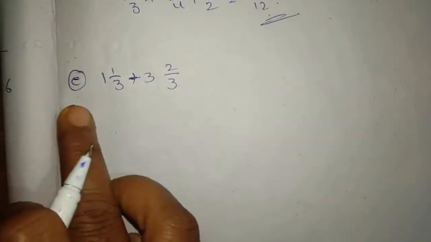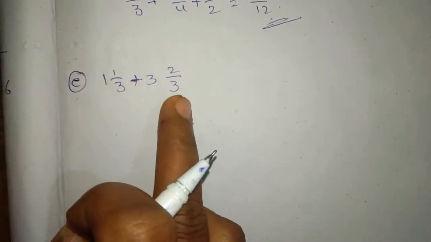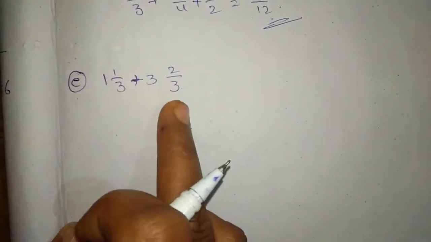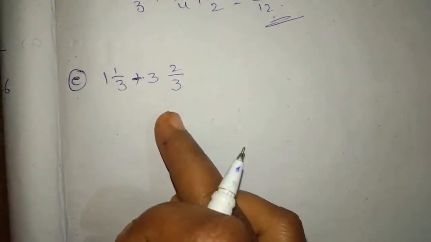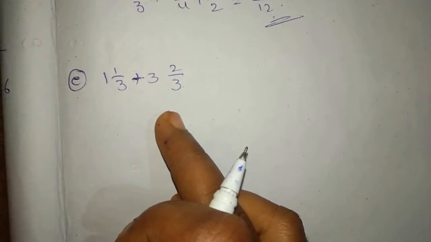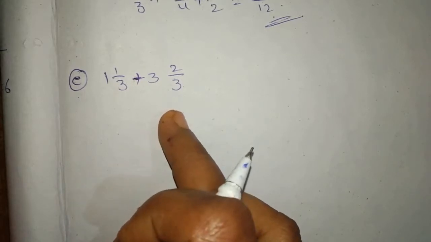Now let us see the next one, that is 1 by 3 plus 3 2 by 3. Here these are mixed fractions. First we can take the whole numbers and add them, or we can take the fraction parts, or we can convert to improper fractions and add them.